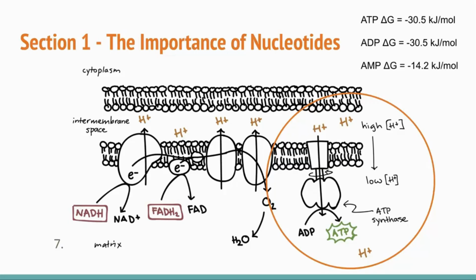With ATP, ADP, and AMP, ATP releases the largest amount of energy, negative 30.5 kilojoules per mole. ADP releases the same amount, negative 30.5 kilojoules per mole, and AMP releases a smaller amount of energy, negative 14.2 kilojoules per mole.